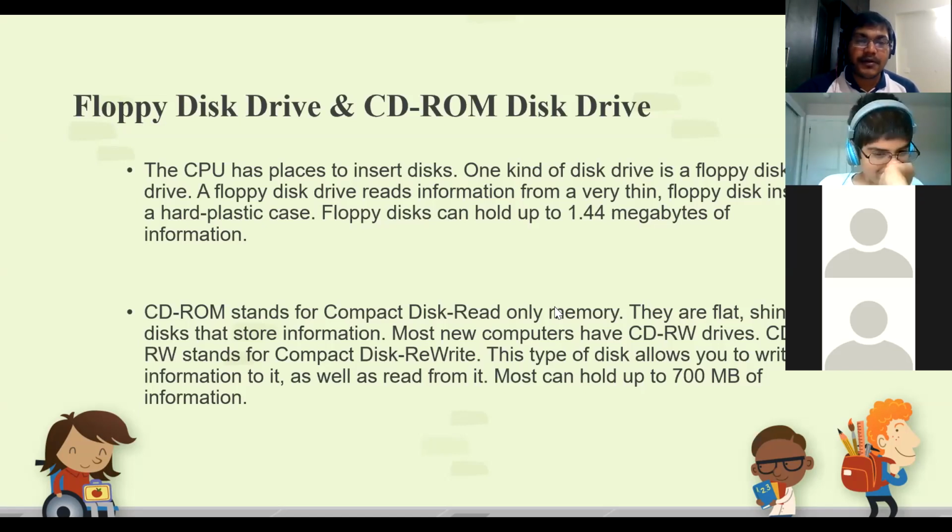But apart from that, very long back, we had the floppy disk. They used to be of very small size and have very small memory, I guess somewhere around 5 MB or 10 MB.